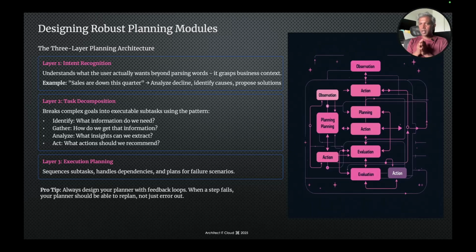It should not just end up in failure. That is one of the key things you must keep in mind when you design your AI agent architecture. The feedback loop is very, very important when you create the execution layer for your AI agent architecture.